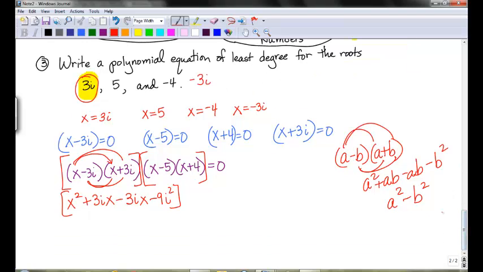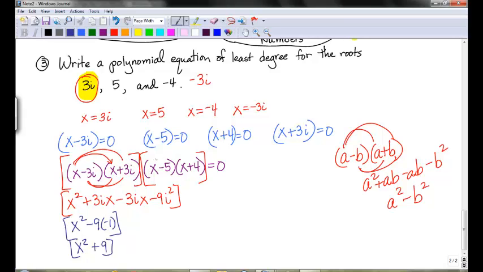Okay, let's go ahead and simplify just that much. So this would be x squared, middle term drops out. What is i squared? Negative 1. Okay, so this is like minus 9 times a negative 1. So this is like x squared plus 9. That part simplifies all the way down to that.